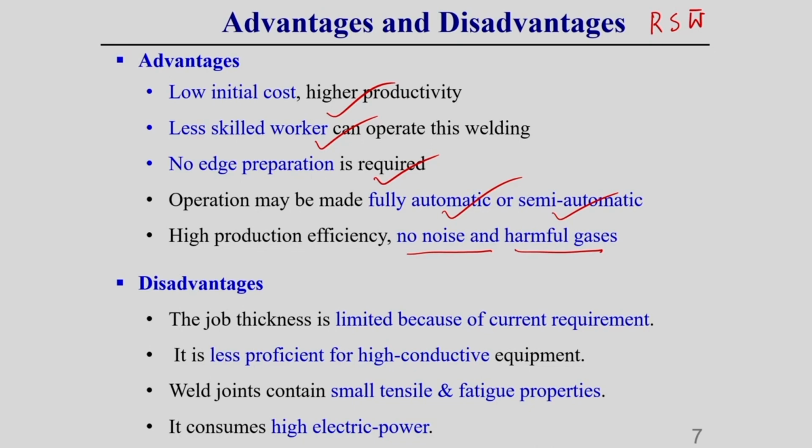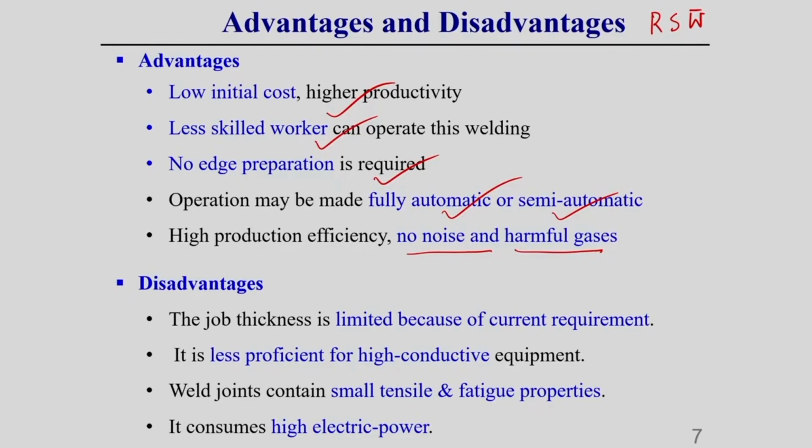Generally this resistance spot welding is used for a limited thickness of material because of the current requirement. It is generally less proficient for high conductive material, which I have already told you, because for high conductive material we have to take some precautions, like doing some heat balance over there.